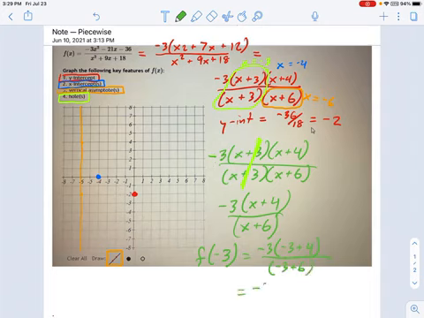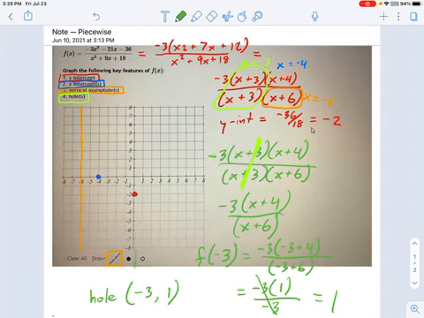And that's equal to negative 3 times 1, that's easy, over negative 3. Well, that's nice. Those cancel out. The result is 1. So that's the y-coordinate of the hole, meaning the hole's xy coordinates are negative 3 and positive 1. So you now use this button.